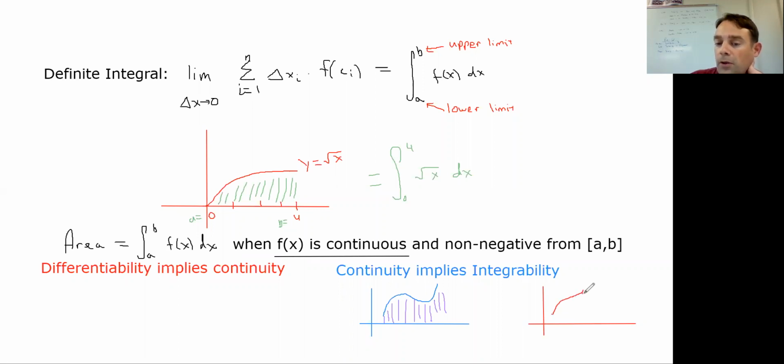Make that an open dot there. Make this a closed dot here. Okay. Under this closed domain, I can still take the integral underneath this curve. But just because I can take the integral doesn't mean that the curve is continuous, all right? So this would be continuity implies integrability, but integrability does not mean continuity.